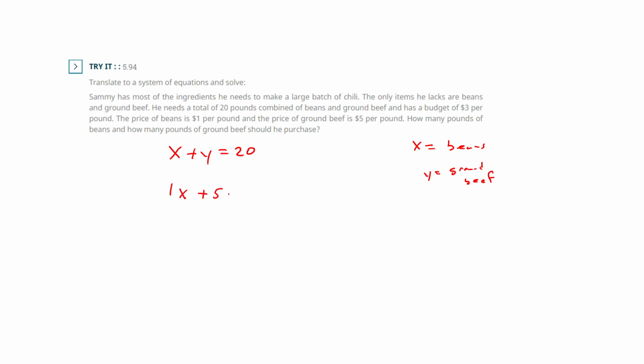It's $5 per pound for the ground beef. His budget says $3, but that's not a total cost. This on the left is total. This is only the rate. So he can do $3 per the 20 pounds to get us a total. Now this would be 60, and so then again I think I would run a -1 through the top to solve that.